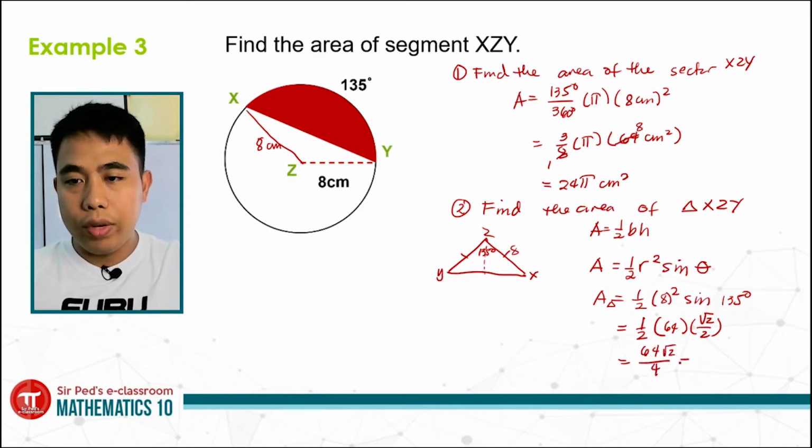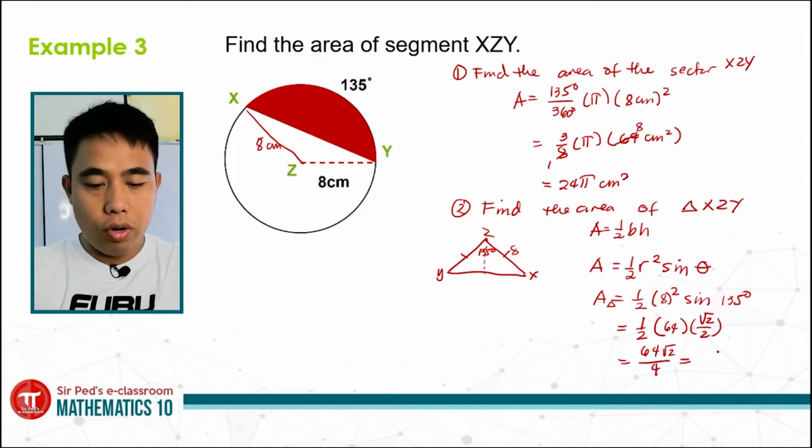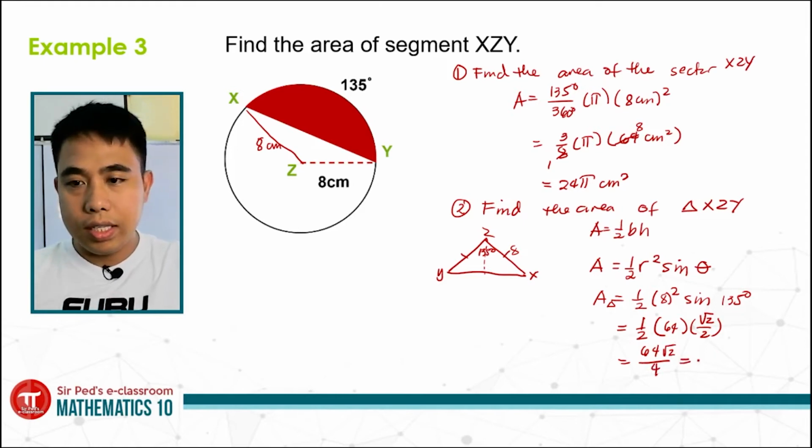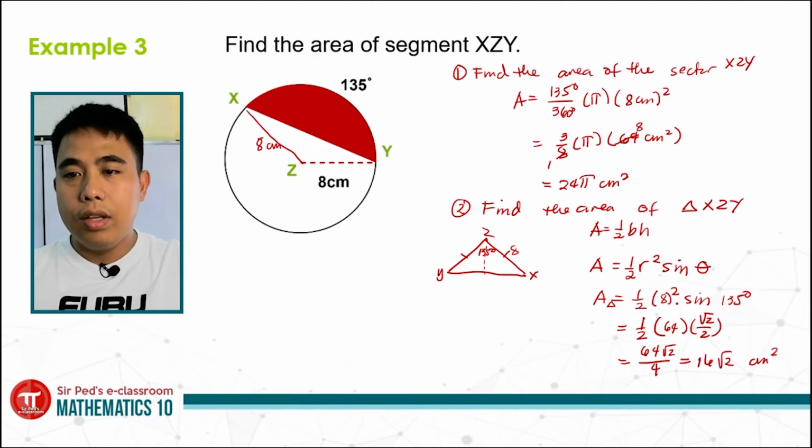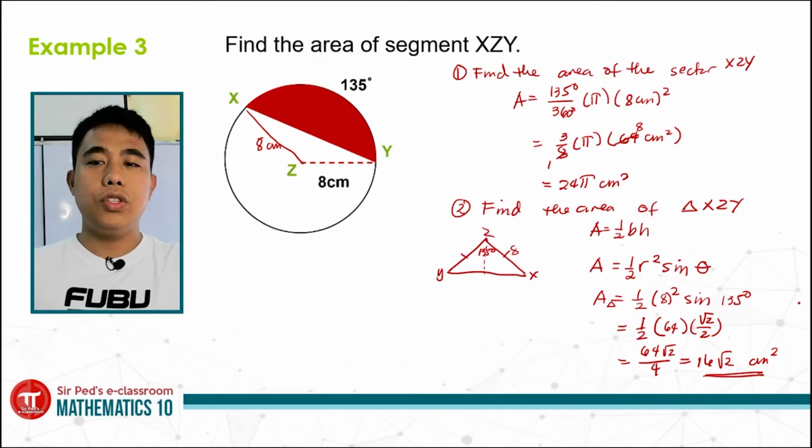We can still simplify this one. So 64 divided by 4, that is 16 square root of 2 centimeters squared. I forgot to write centimeters squared down. So 16 square root of 2 square centimeters.